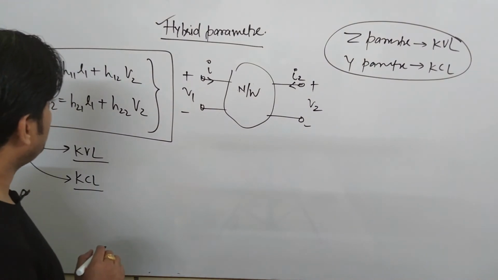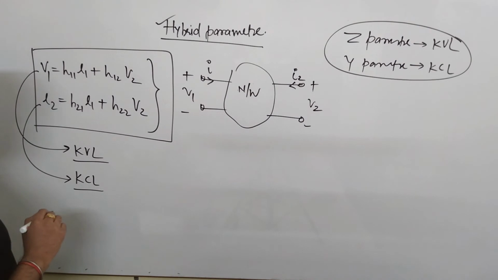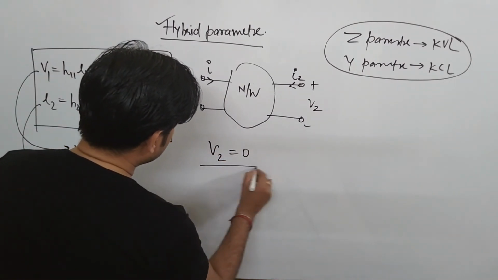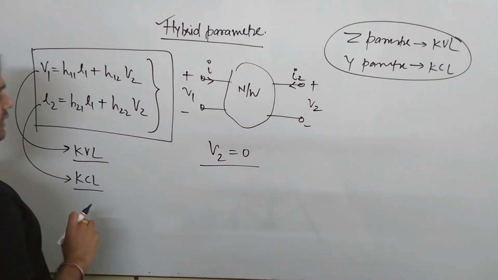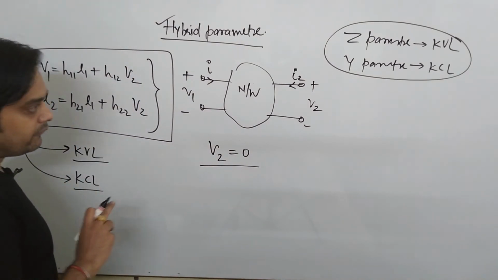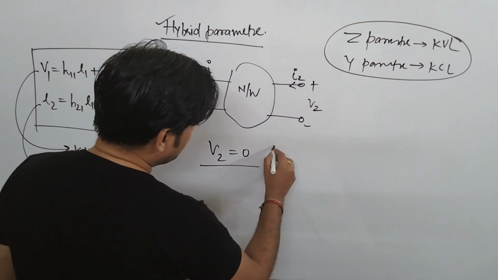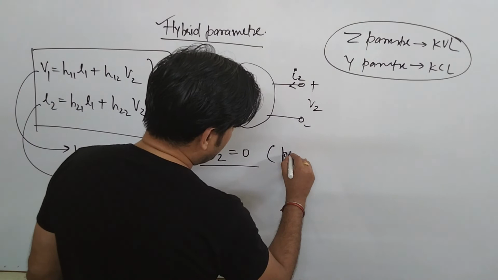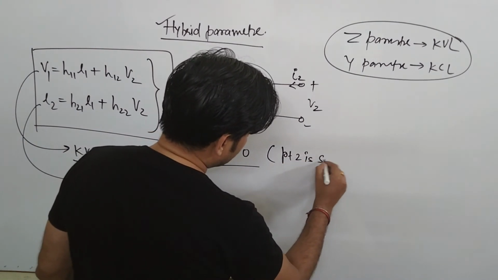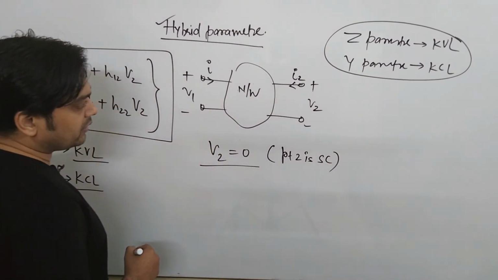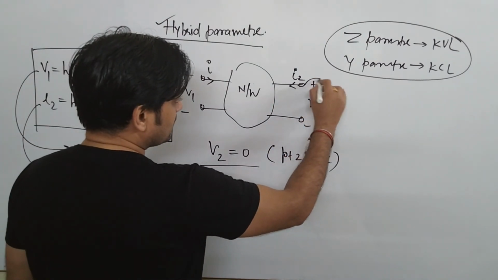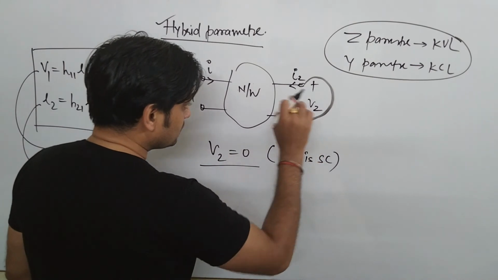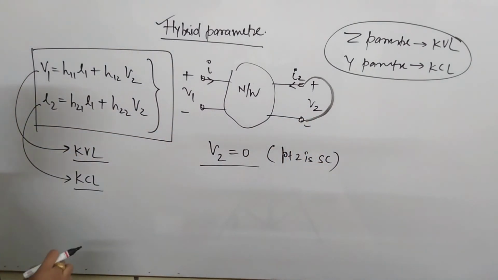Now to find the values of H11, H12, H21 and H22, first of all I will take the condition that V2 is 0. If V2 is 0, what does it mean? It means this port is short circuited. Very important: port 2 is short circuited. V2 equal to 0 means it is connected in this form, so port 2 is short circuited.